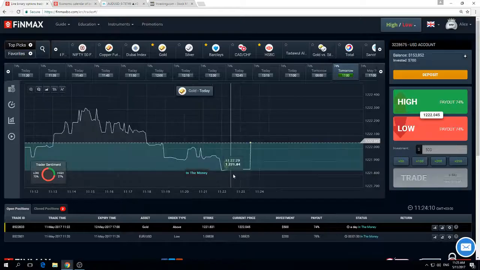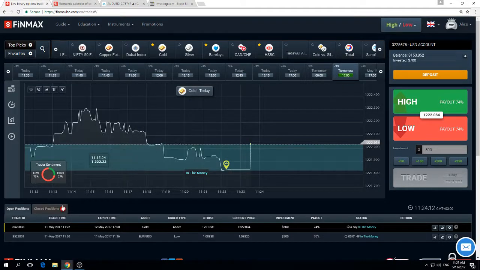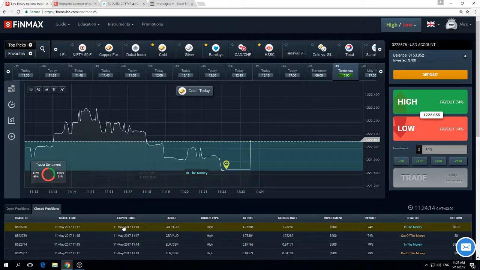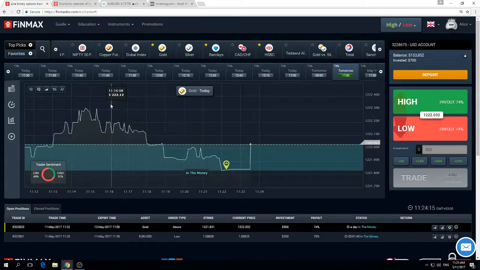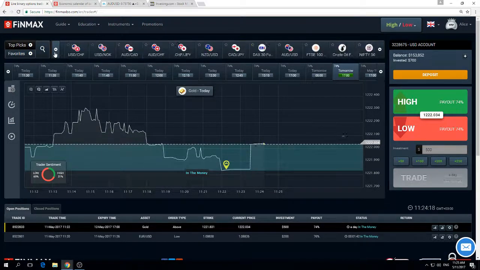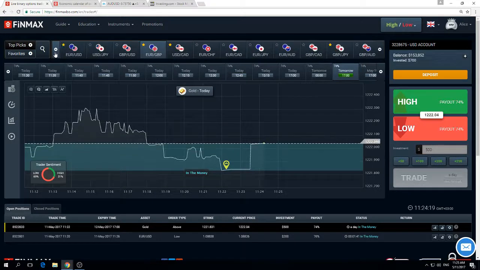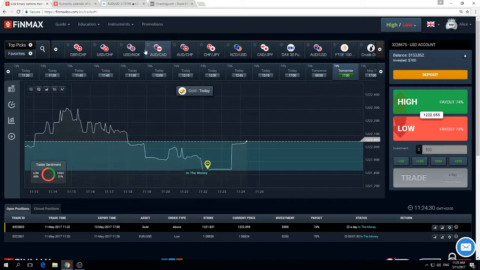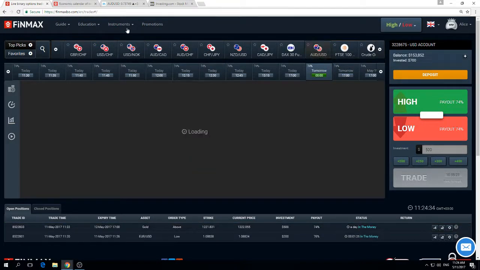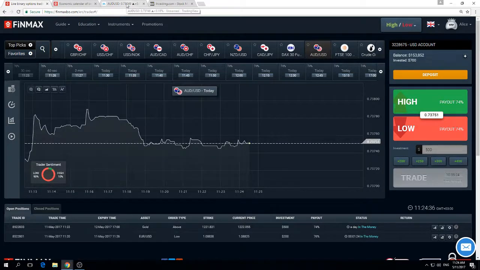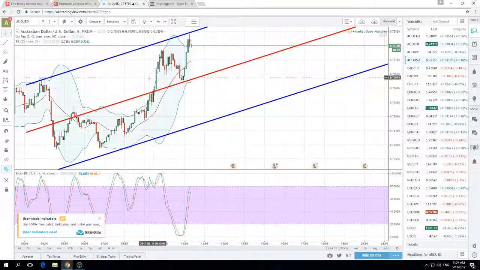Let's see what we've got on the trade. Australian asset to euro, as I have a question from some of you.